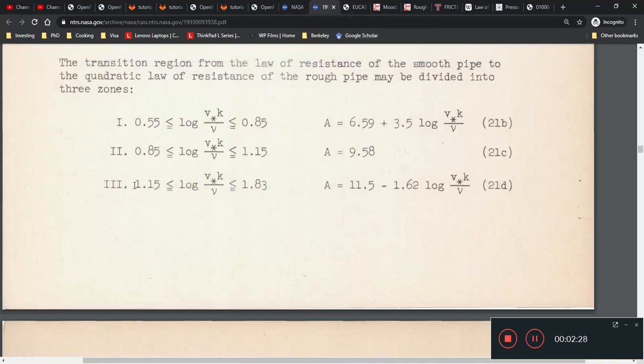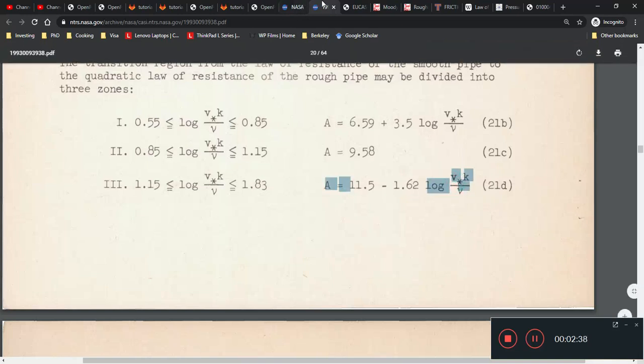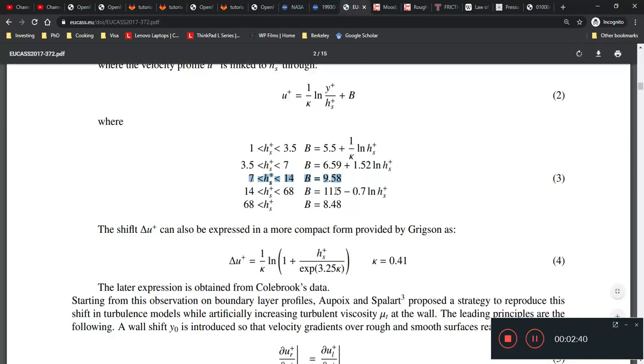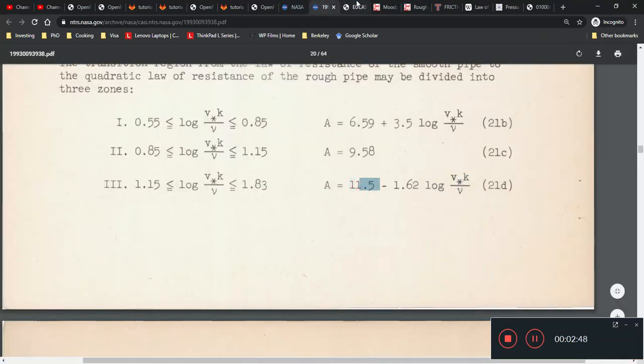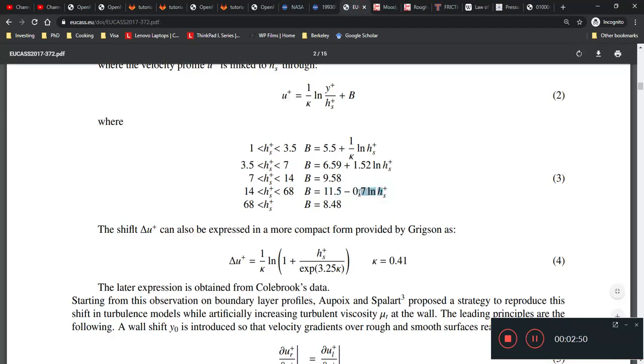We will have 1.15, the logarithm, to 1.83. So A equals 11.5 minus 1.62 logarithm of this, log base 10. Of course, if you change the base, then the coefficient in front is going to change. So you'll have 11.5 here, 11.5 here, and then you have a minus 0.7 here because this is a natural logarithm.